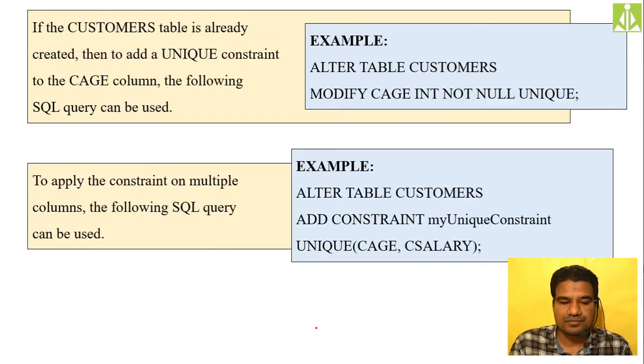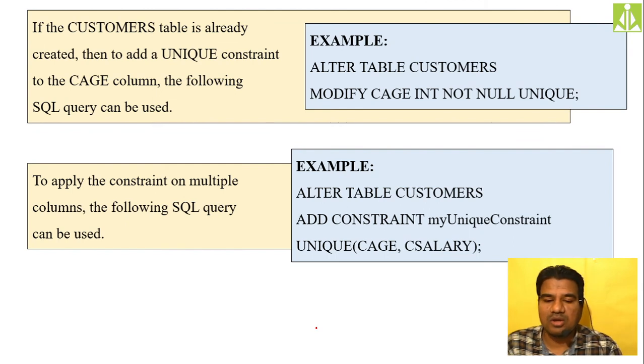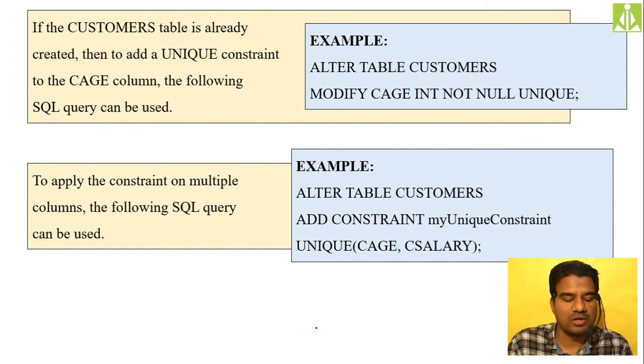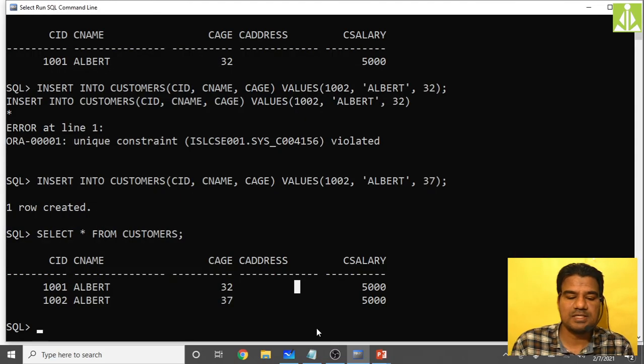So here, if the customer table is already existing, to impose the unique constraint, what we can do, you can impose unique constraint on multiple columns as well. So let us say already on CH we have the unique constraint, right? Now I want to impose the unique constraint on CID.